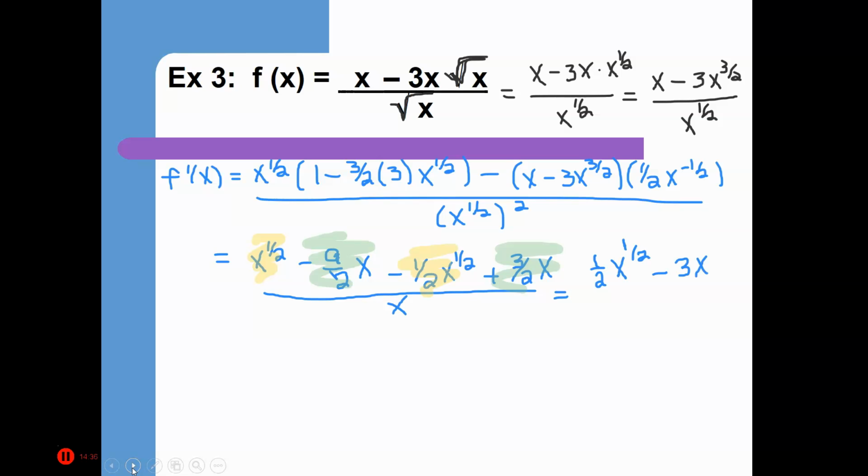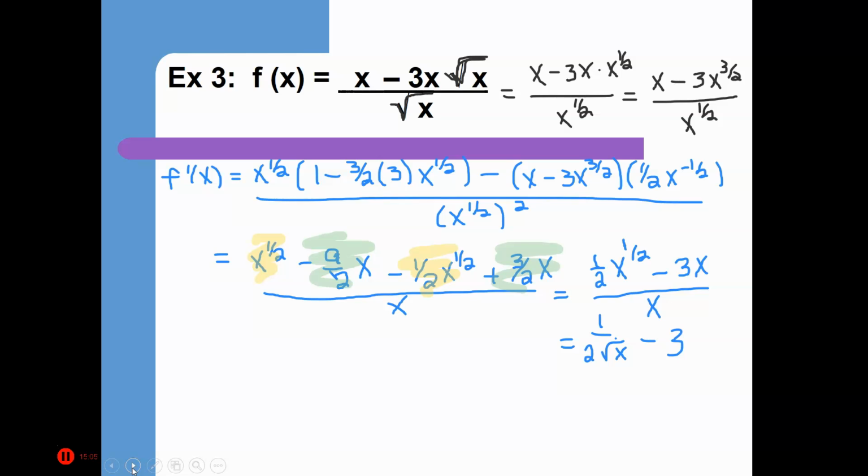So you get negative 3x all over x. And technically you could take that x and split it up. So you get 1 over 2 square roots of x minus 3, if that helps you see things a little bit too.